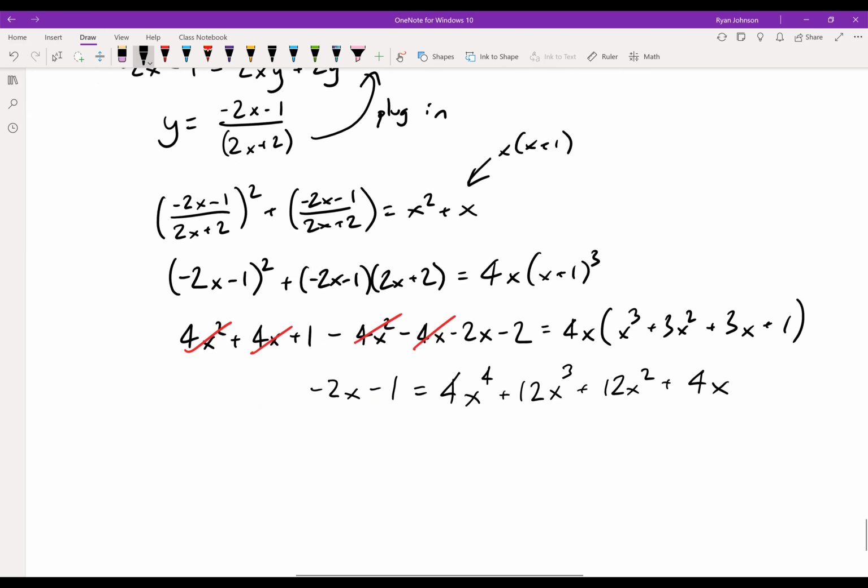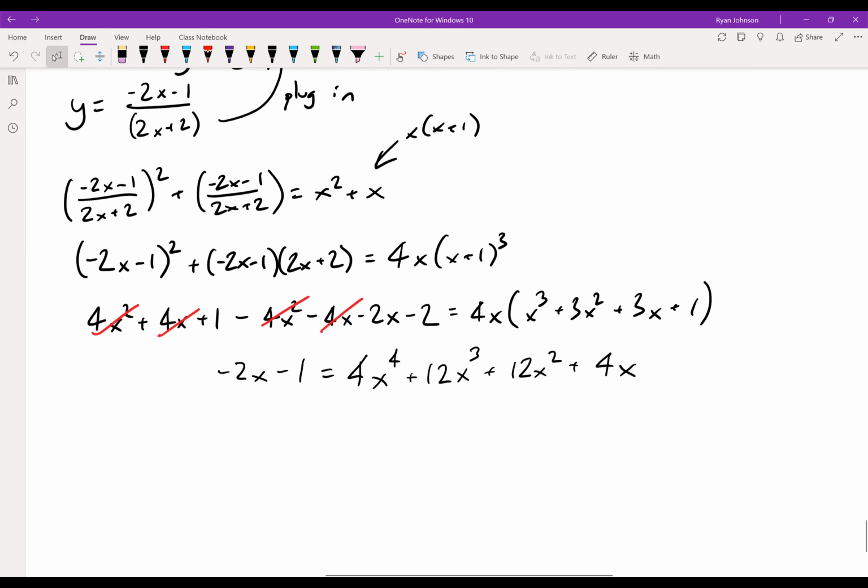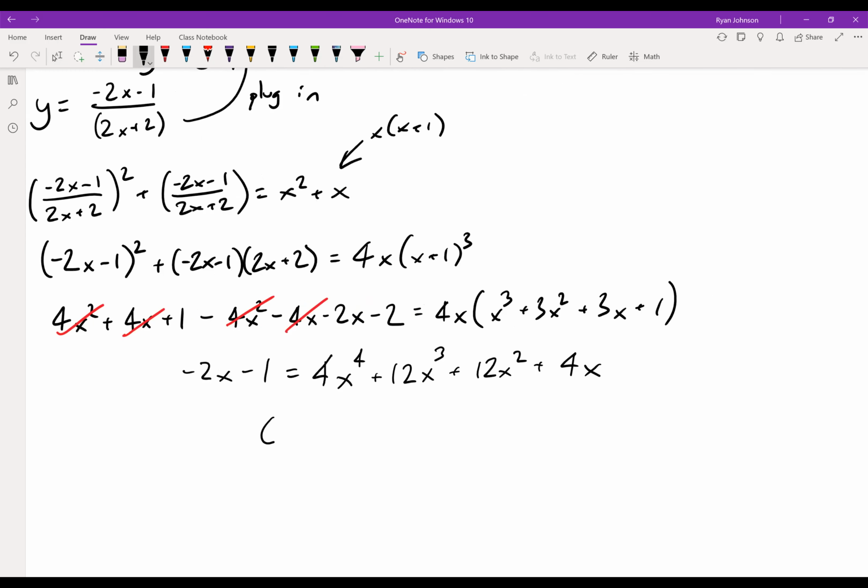So adding 2x plus 1 to both sides, I get 0 equals 4x to the fourth plus 12x cubed plus 12x squared plus 6x plus 1.